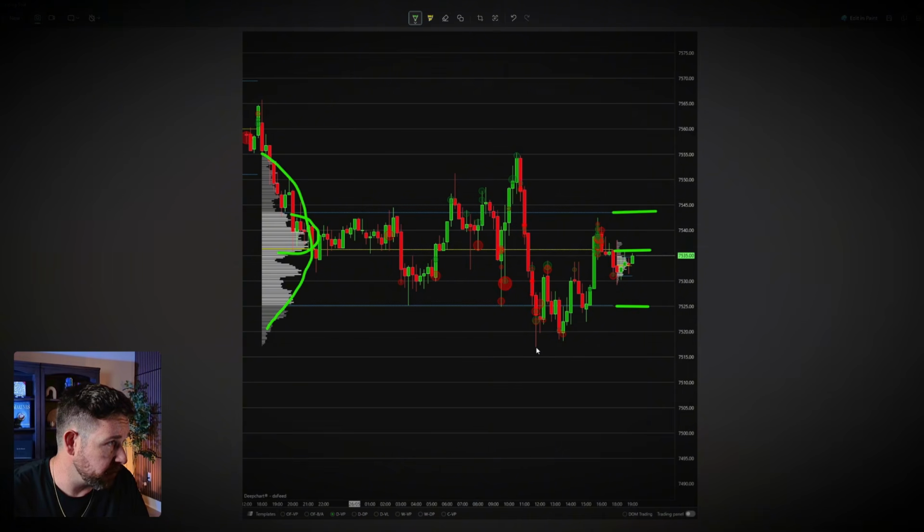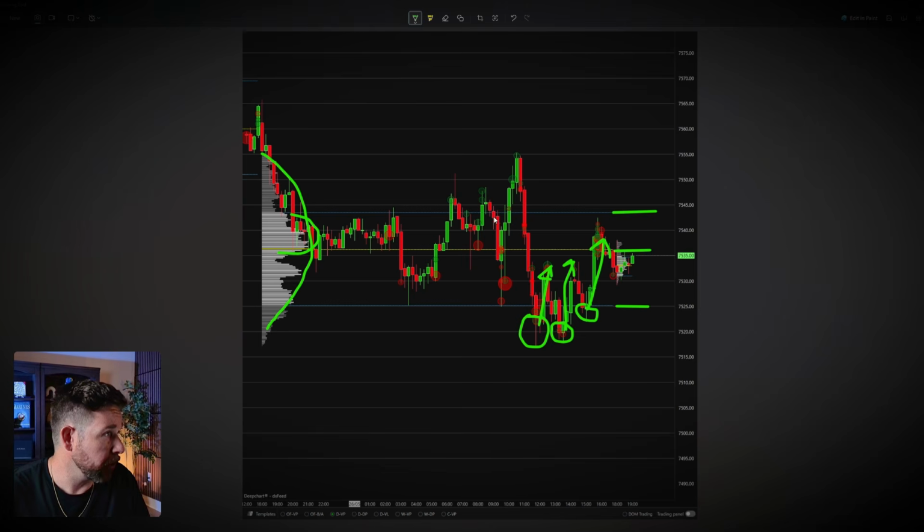Now, around 11:45, we see this attempt to break down that range, and these aggressive sellers got absorbed, and we can see price quickly and aggressively moved back into the middle of that range. And then on subsequent attempts, it again absorbed aggressive sellers and moved aggressively back inside the middle of that range.